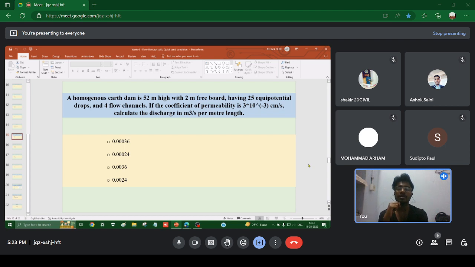If the coefficient of permeability is 3 × 10⁻³ centimeter per second, calculate the discharge in meter cube per second per meter length. The options are 0.00036, 0.00024, 0.0036, 0.0024.